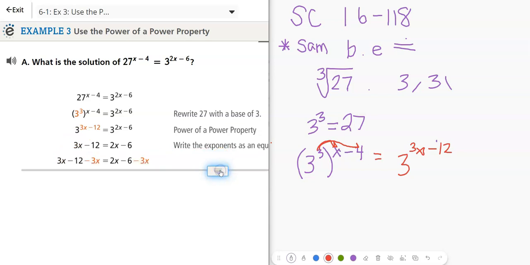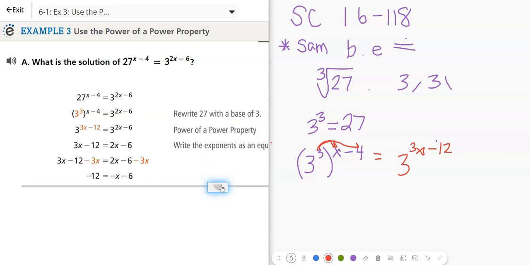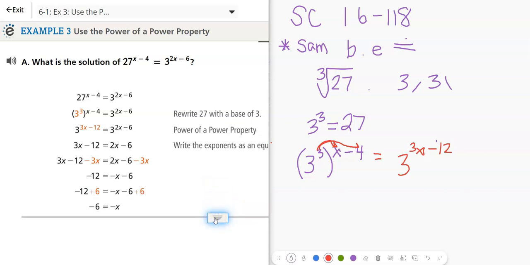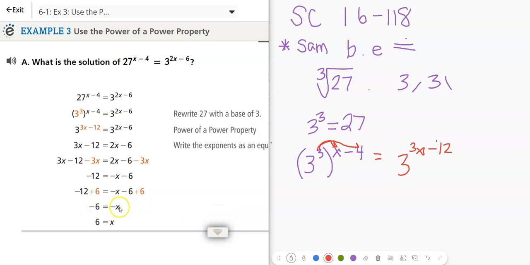I'm going to take away 3x from both sides. That leaves me with minus 12 on the left and minus x minus 6 on the right. Add 6 to both sides, and I'm left with negative x is negative 6. Then I'm going to change the sign. I want positive x, so multiply both sides by negative 1, and you'll get 6.